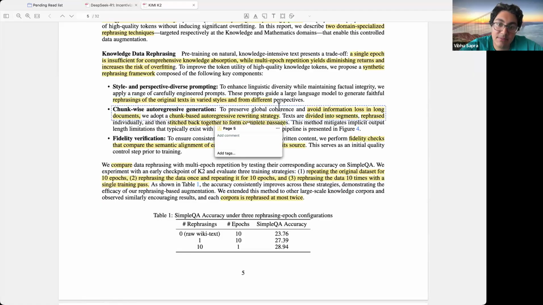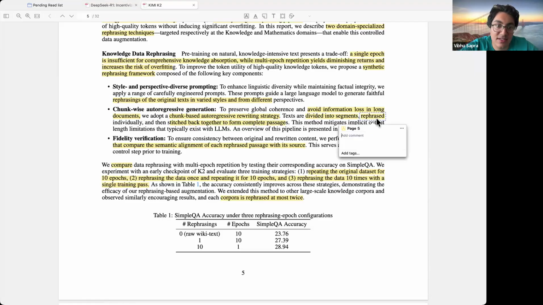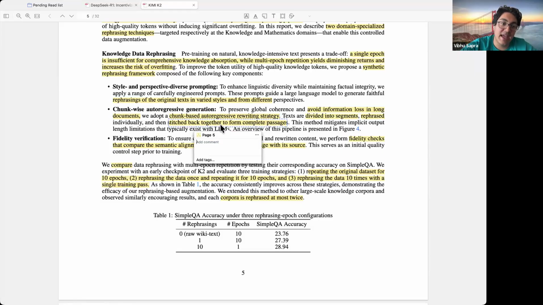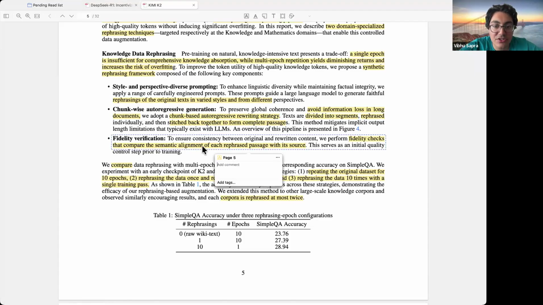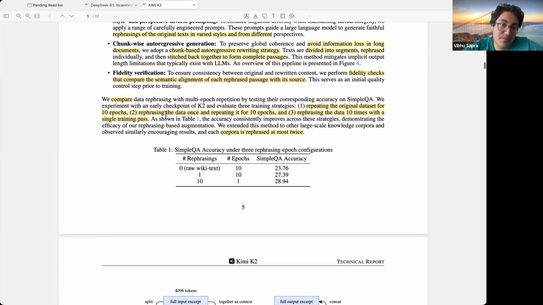So rephrase segment by segment, then adopt an autoregressive chunking fixer: divide text into segments, rephrase them individually, stitch them back together, and fix that. There's a little diagram on this later. To ensure consistency between original and rewritten content, there are fidelity checks that compare the semantic alignment of the rephrased passage with its source. Yeah, cool.